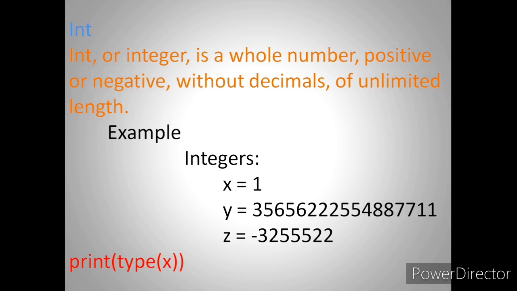So what we have come to is that int, or integer, is a whole number. It can be either positive or negative, without decimals, of unlimited length. This benefit we are having in our Python.